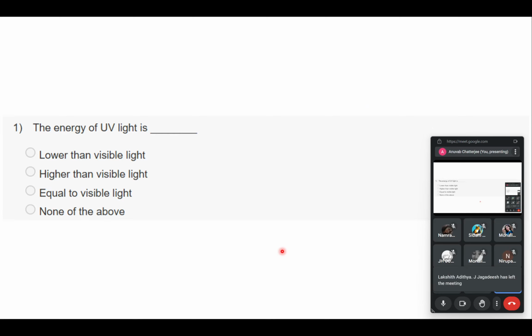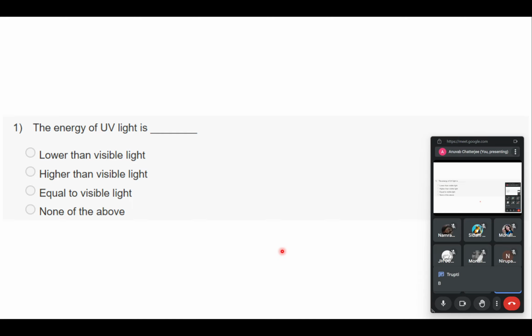The first question of today is: the energy of UV light is blank. The options are lower than visible light, higher than visible light, equal to visible light, and none of the above. You can put whatever you think is the right answer in the chat, using ABCD.